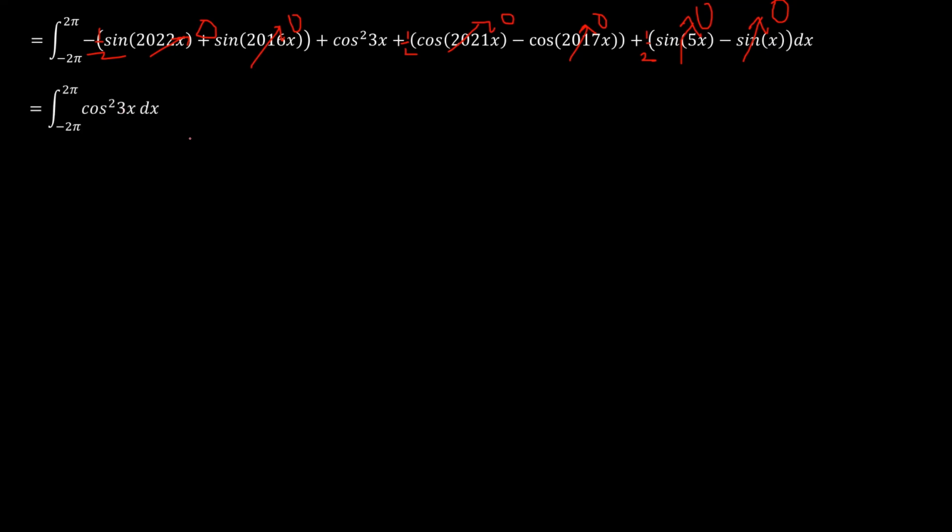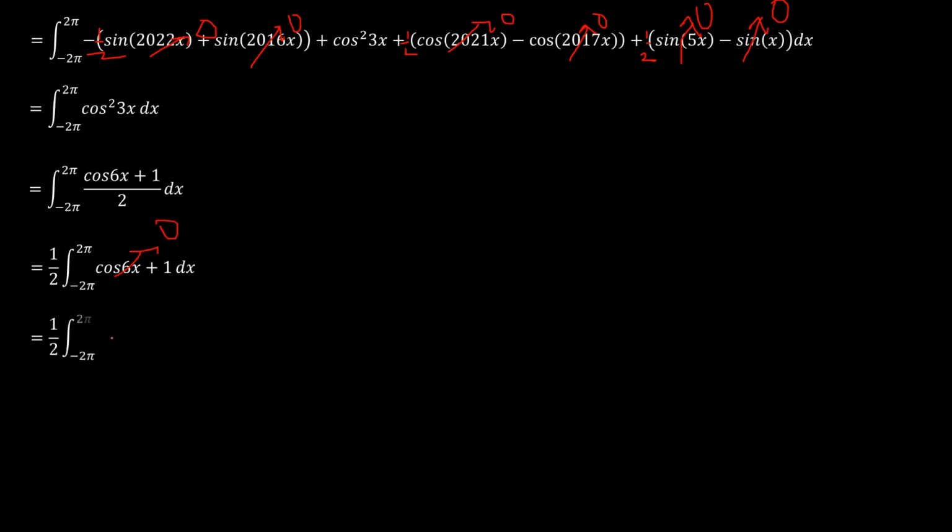Now, let me not touch that. The next thing we want to do is express this in double angle form, which is cosine 6x plus 1 over 2, and we know that the integral of cosine of an integer times x is 0, so this tends to 0, so we are left with just the integral of 1.